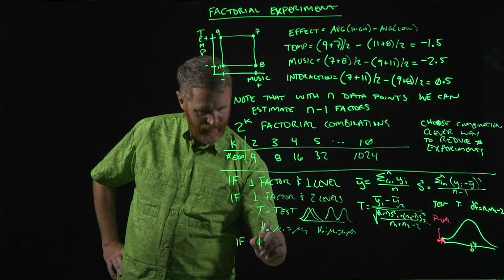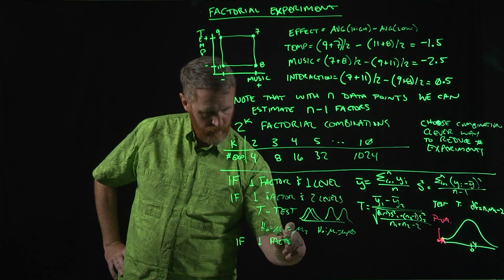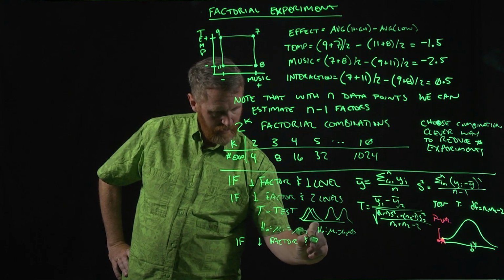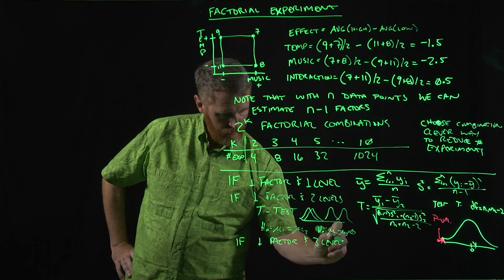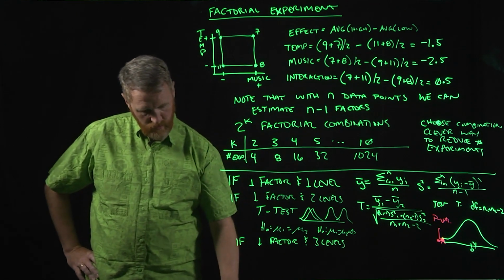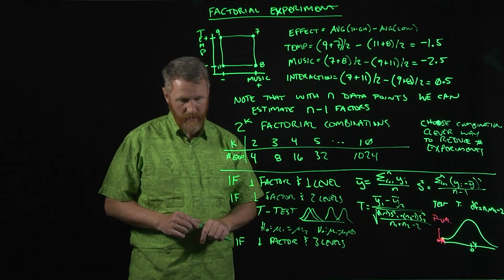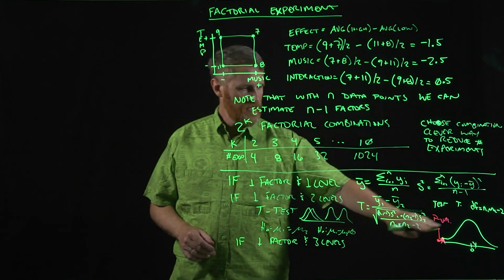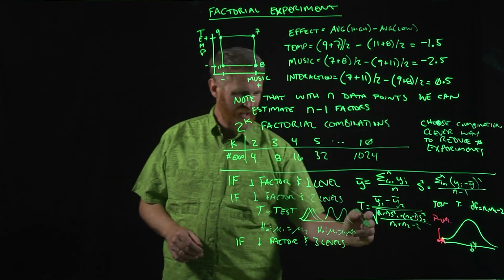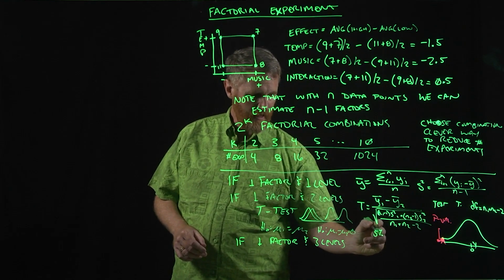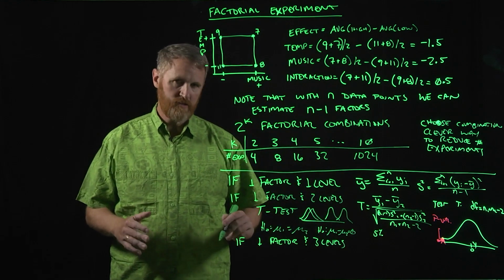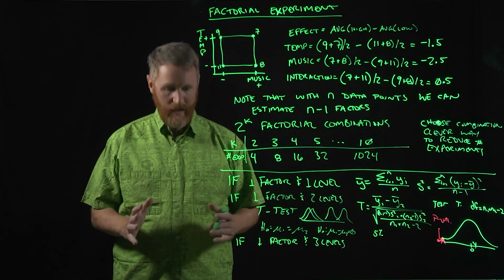If we have one factor and three levels, right, then we're going to apply something called the analysis of variance. Okay, and the reason for that is if I just did a t-test and there was a 5% chance of making a mistake, right? That means it's 95% likely to be correct.